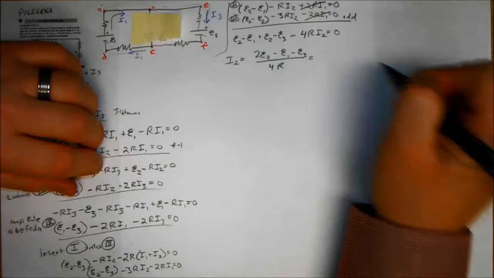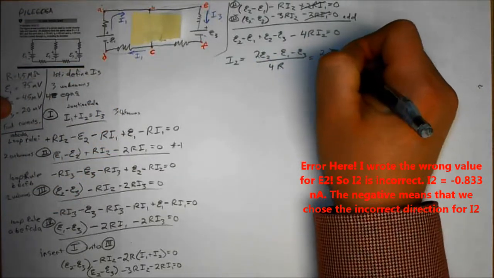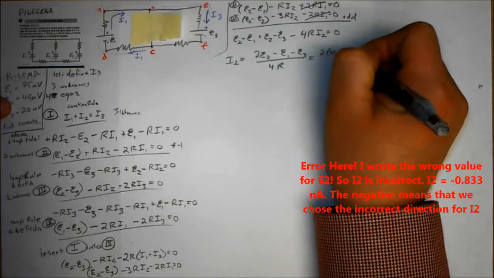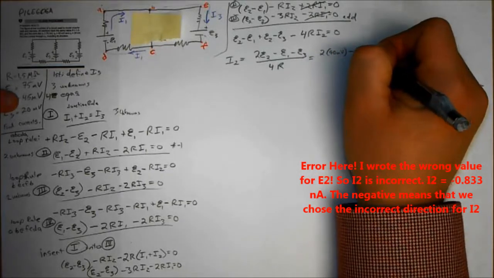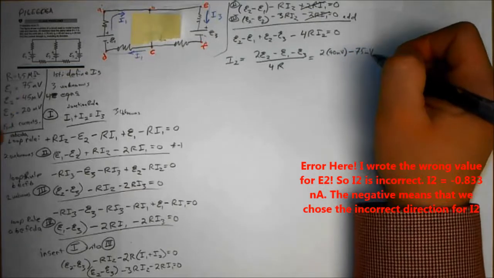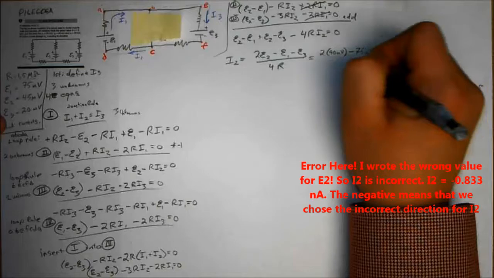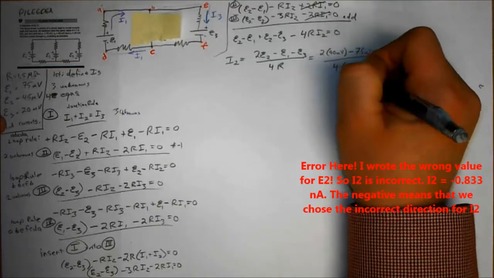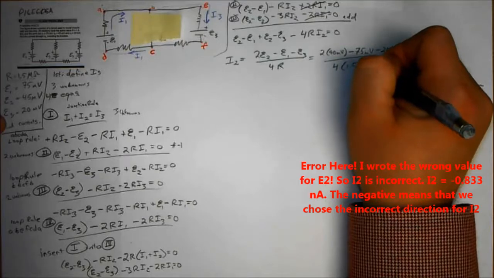And this then is equal to 2E2, which is 2 times 90 millivolts, minus 75 millivolts, minus 20 millivolts, for 4 times 1.5 megaohms.